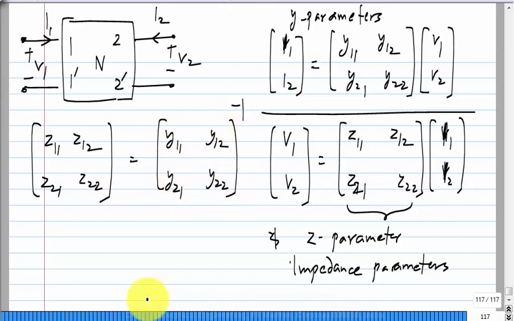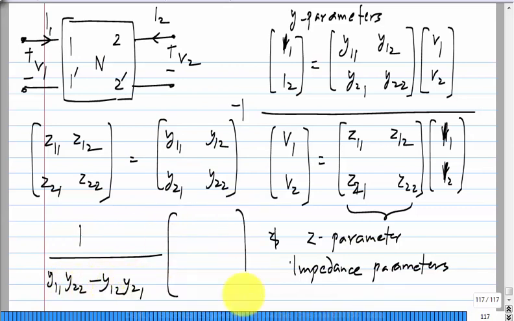Invert the matrix. And what is the inverse? What is the determinant? And what will be the entries here? Yeah. Okay.